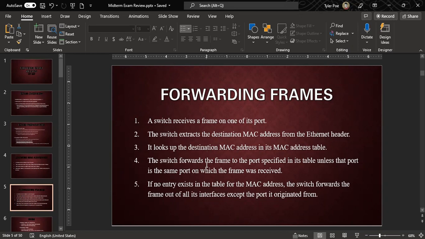The switch then forwards the frame to the port specified in its table, unless that port is the same port on which the frame was received. In other words, the switch is not going to send back a frame that came from the source, which I don't know why that would even happen. Actually, that would be like a loopback, I guess. But the switch is typically not going to do anything with that.